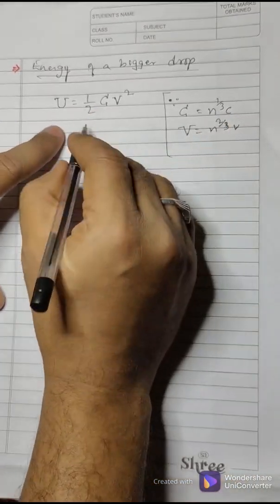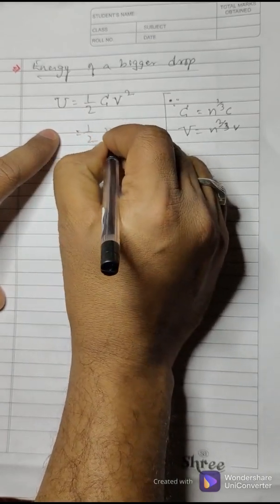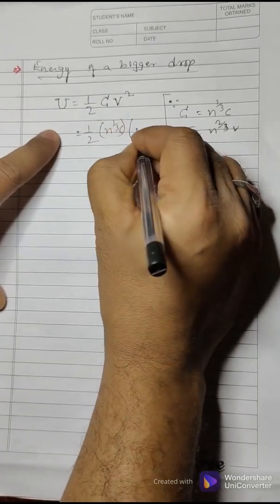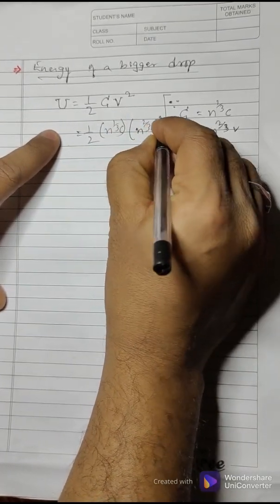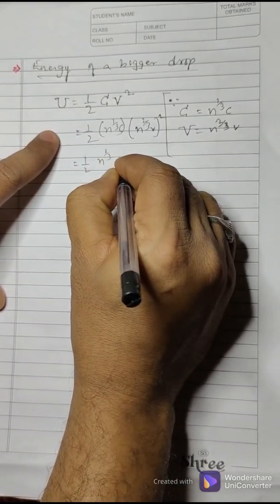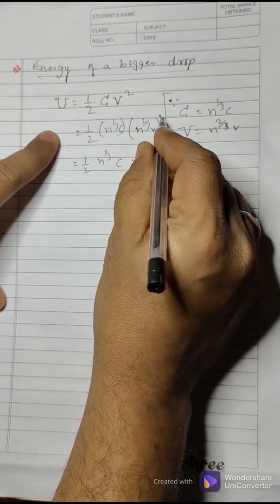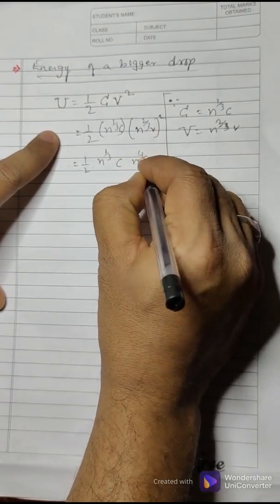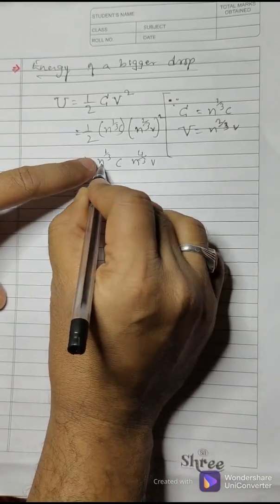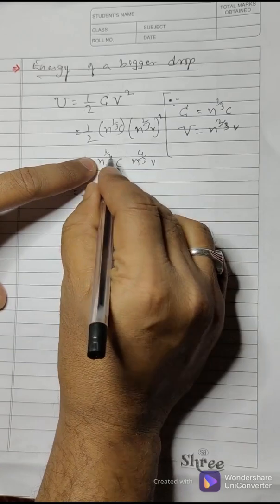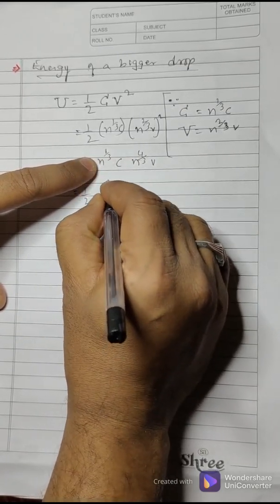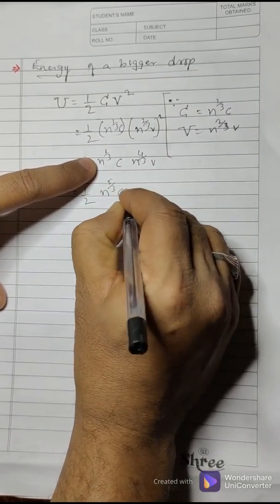Therefore, if we substitute these two values here, 1 by 2, n power 1 by 3 into c, n power 2 by 3 into small v whole square. Therefore, 1 by 2 n power 1 by 3 into c, n power 4 by 3 into small v square. Since bases are equal, powers will add up, that is 4 plus 1, that is 5 by 3.